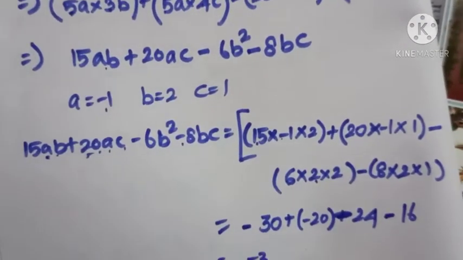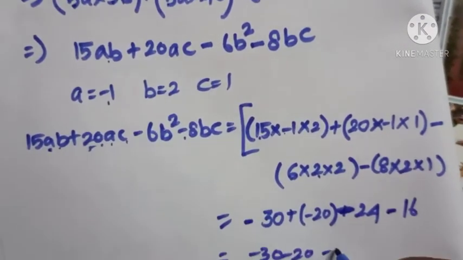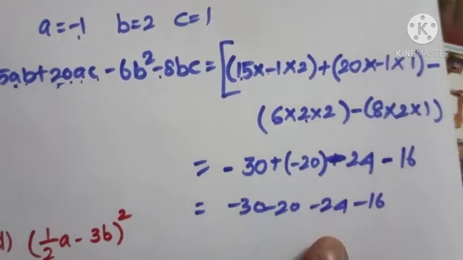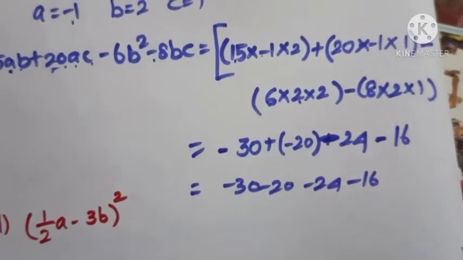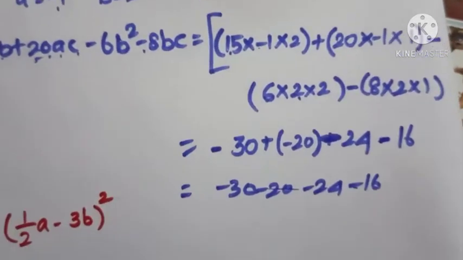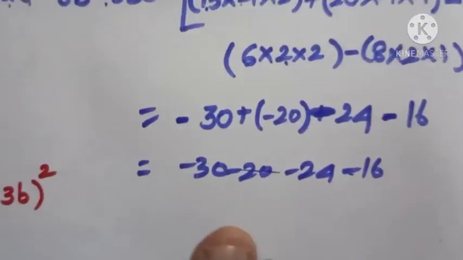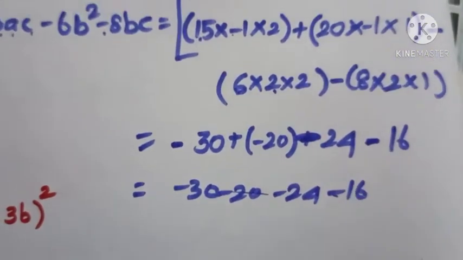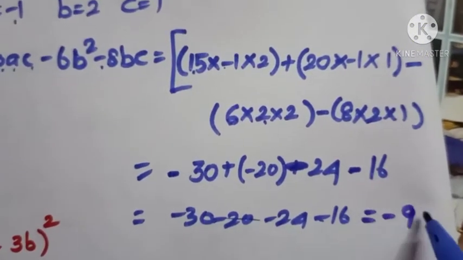Finally we get minus 30, minus 20, minus 24, minus 16. These are all negative, so you should add. So 30 plus 20, 50, 74, 90. So the answer is minus 90.